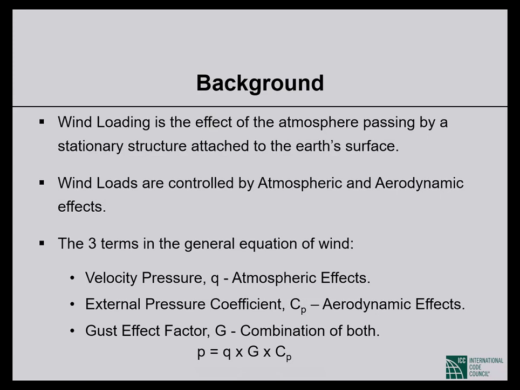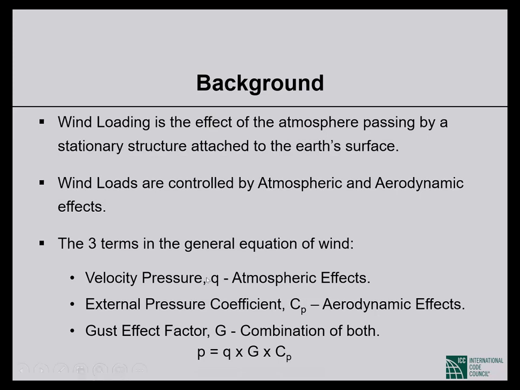But for now, P, the pressure due to wind, is equal to velocity pressure Q multiplied by the gust effect factor G multiplied by the external pressure coefficient C sub P.